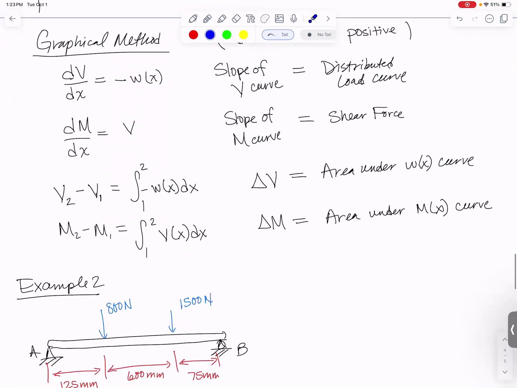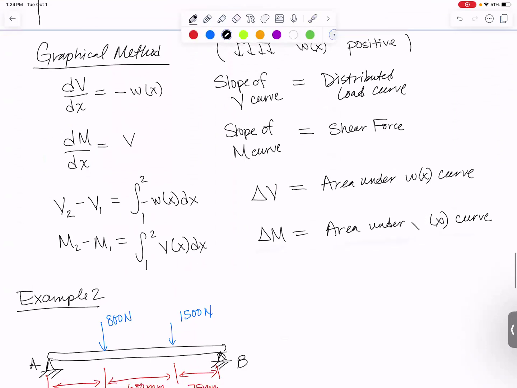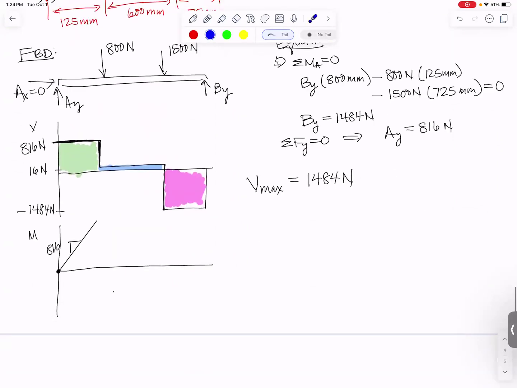Remember what our equation said? Our equation said the slope of M is equal to V, and the change in M is equal to the area. Oh, I wrote that wrong. It's equal to the area under the V curve. So we can find that. So I'm going to call this area 1. Area 1 is equal to 816 newtons times 125 millimeters.